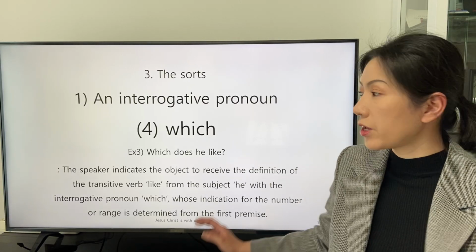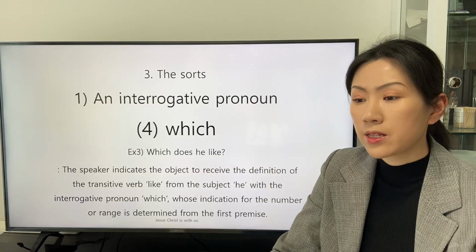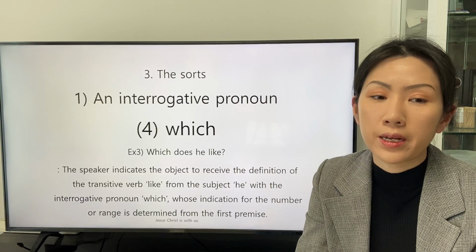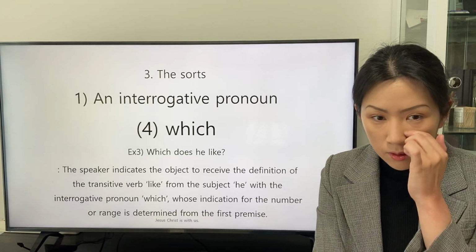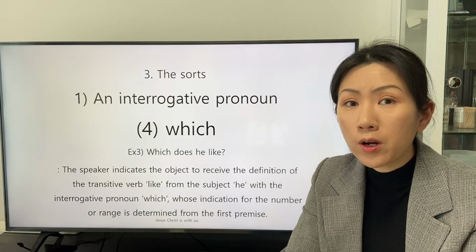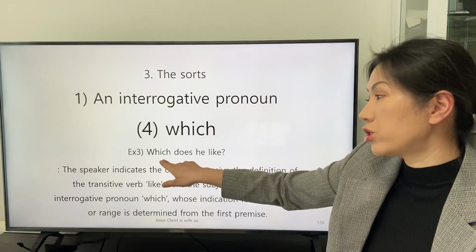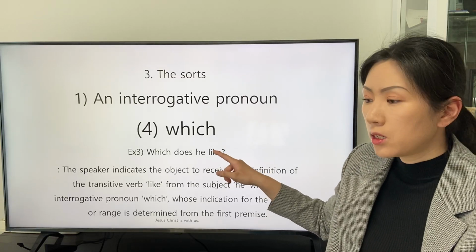So let's start to study the third example that the interrogative pronoun which is applied in. Which does he like? The speaker applies the pronoun which as the object of the transitive verb like.